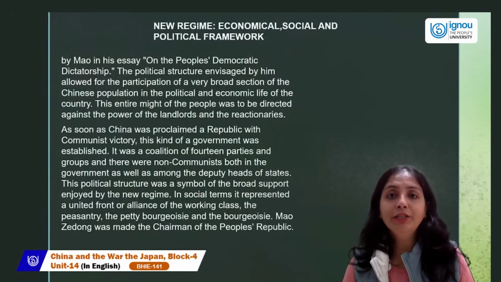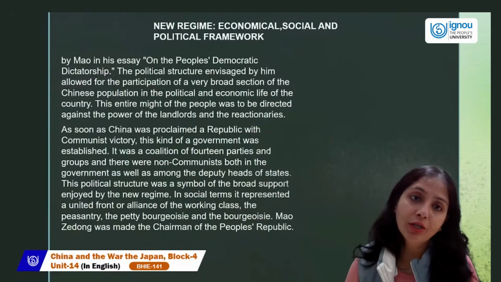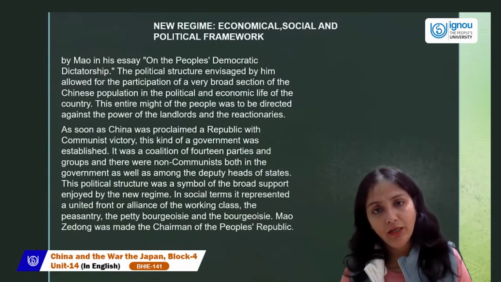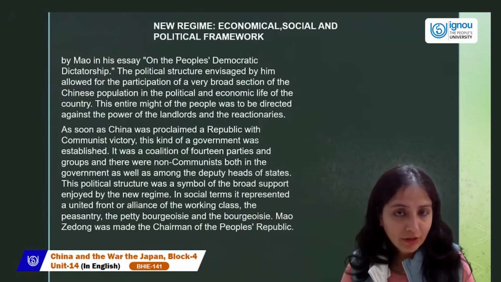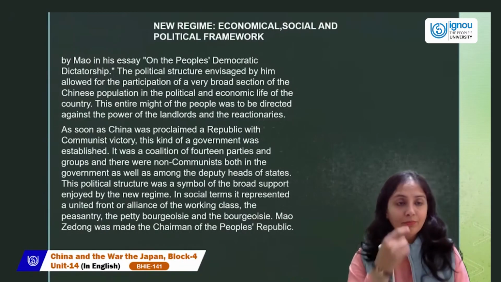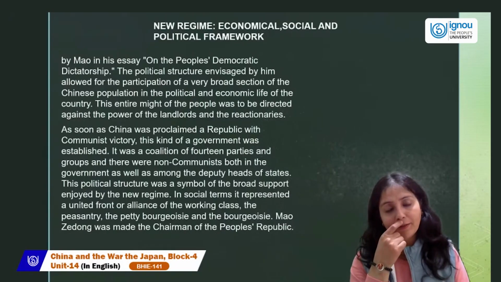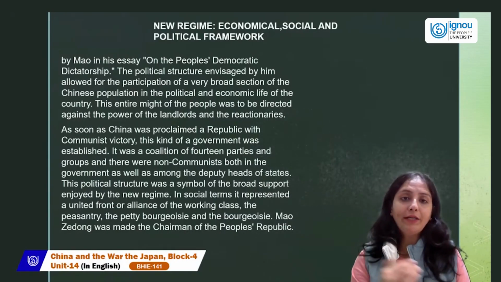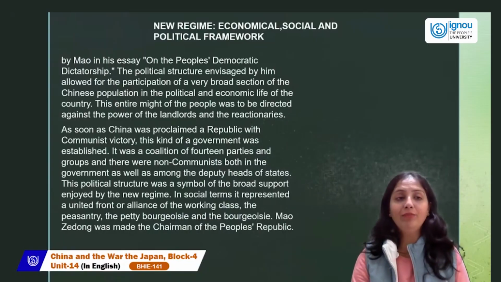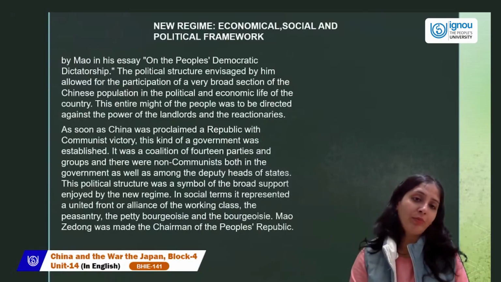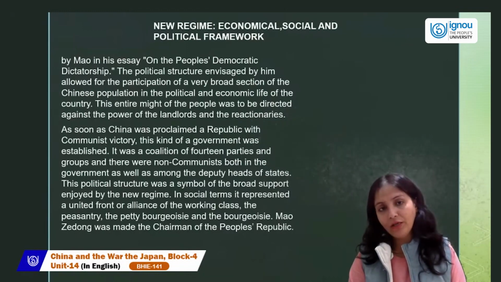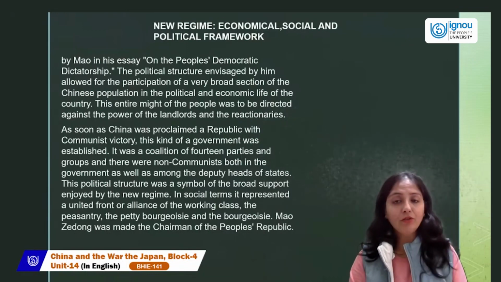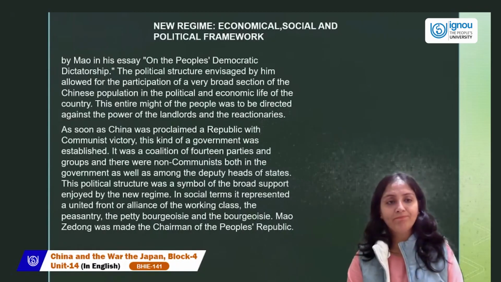Next is the new regime's economic, social, and political framework. How were they responding to the demand of democracy? By Mao Zedong in his essay On the People's Democratic Dictatorship, the political structure envisaged by him allowed for the participation of a very broad section of the Chinese population in the political and economic life of the country.